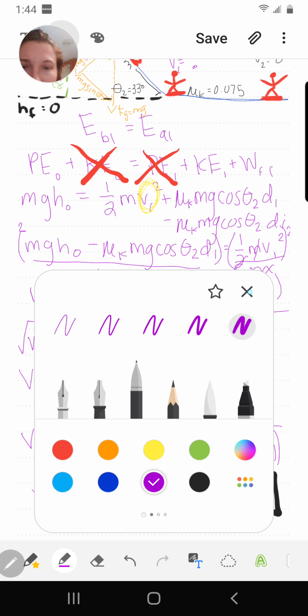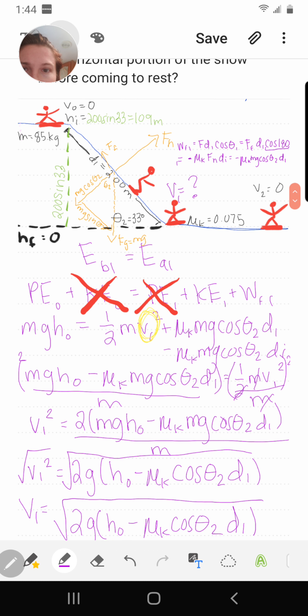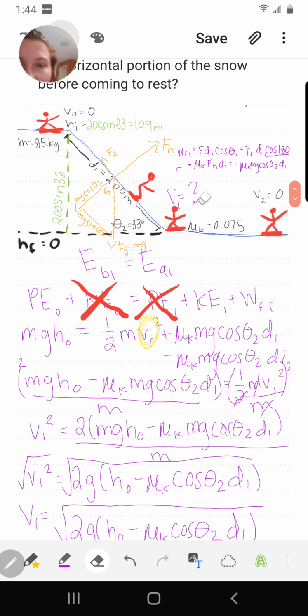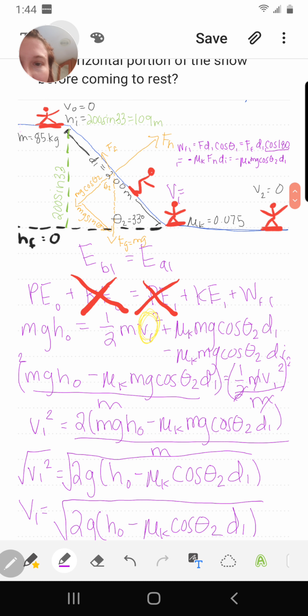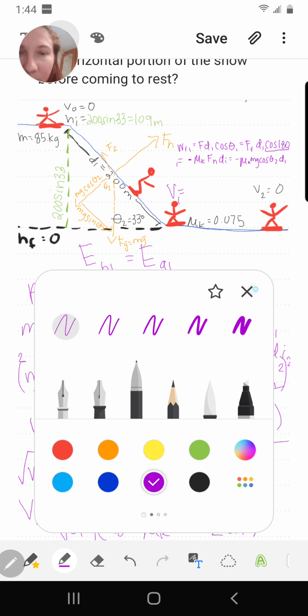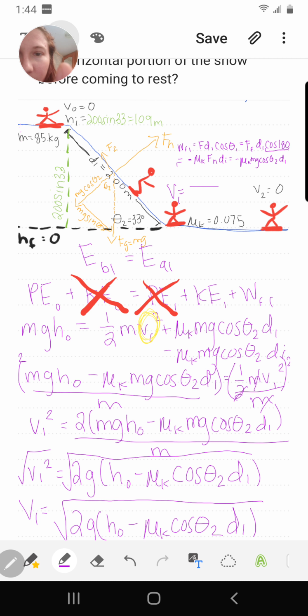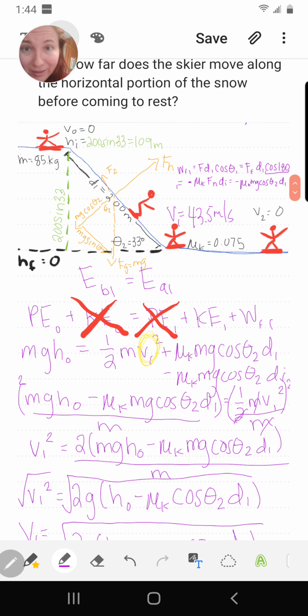So let's erase this and put that in right there. So 43.5 meters per second. Now we figured out the velocity.